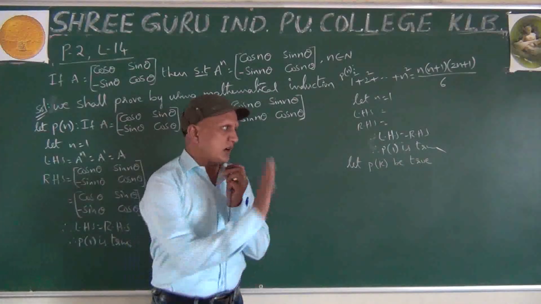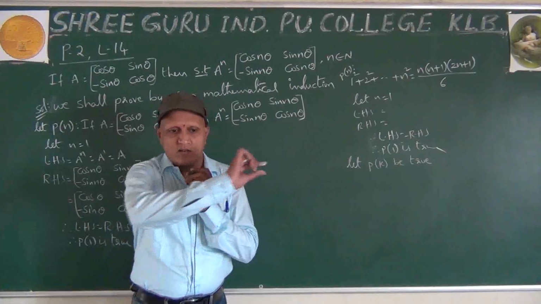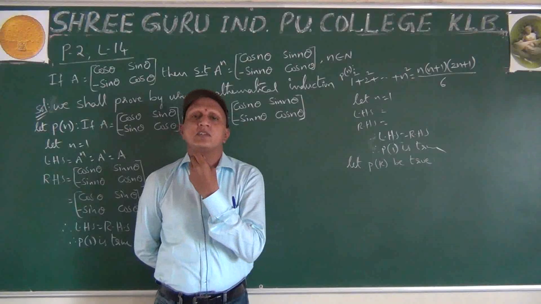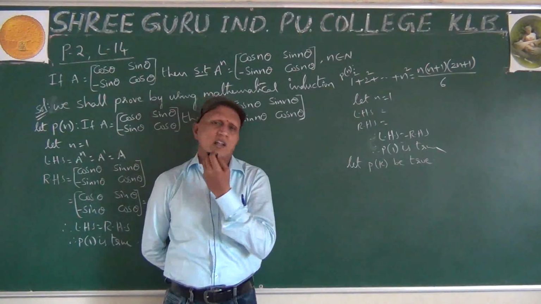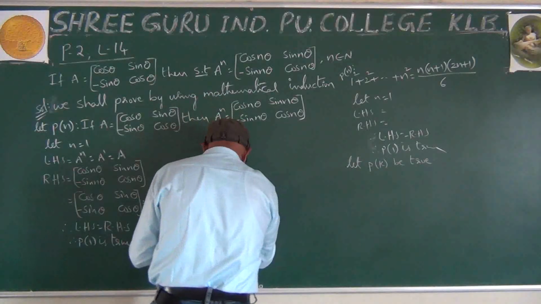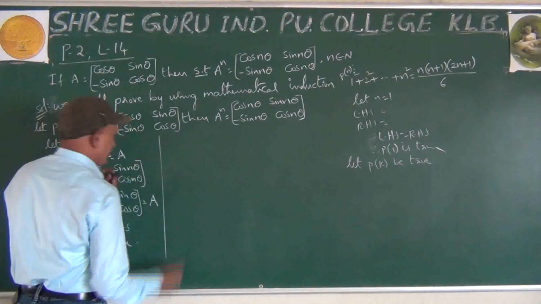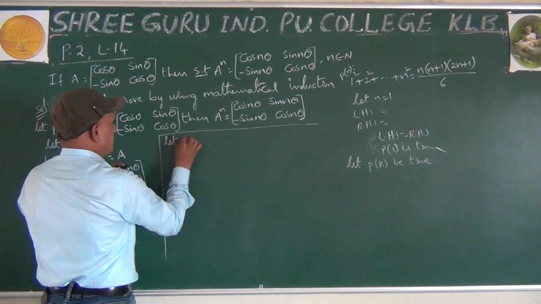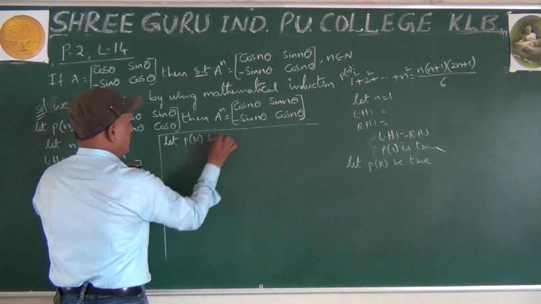Different steps, concept is same. Writing, working may be different. Let n equal to k. Let the given statement be true for n equal to k. All of them. Okay. Let P of k be true.